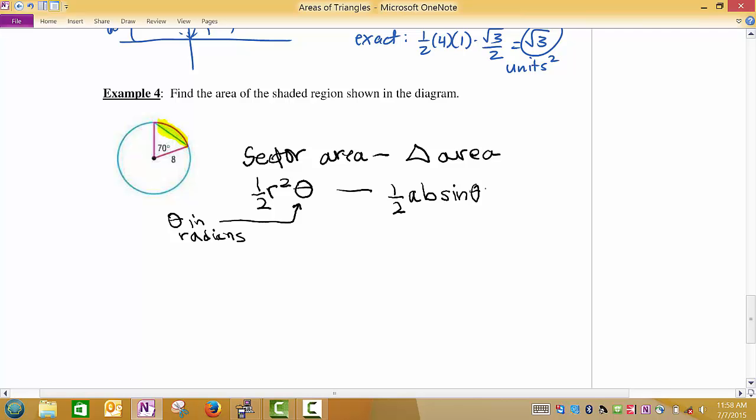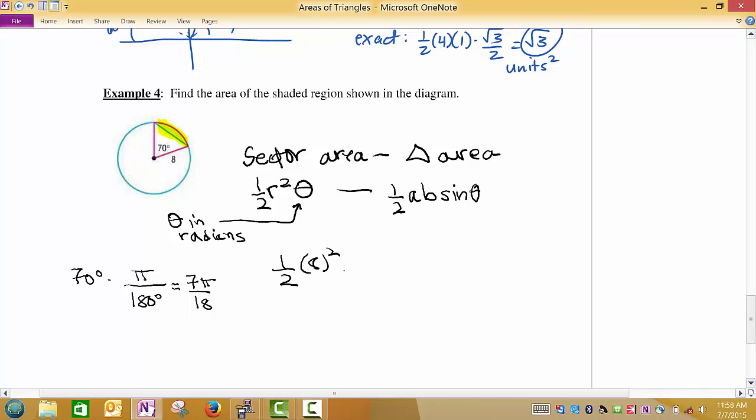And for that formula, since we're taking the trig function of the angle, it doesn't matter whether the angle's in degrees or in radians. We would just want to make sure we have the calculator in the right mode when we compute it. Just to make things easier, let's switch these both so that the angle's in radians. So 70 degrees times pi over 180. So that's 7 pi over 18 if we reduce it. So now we've got 1/2. The radius is 8.